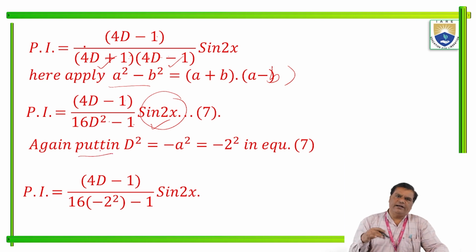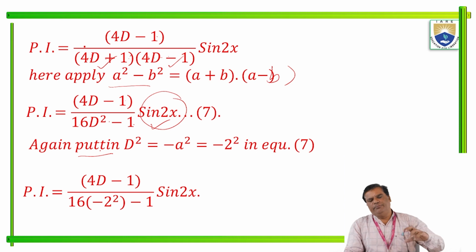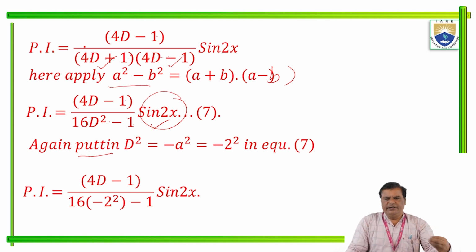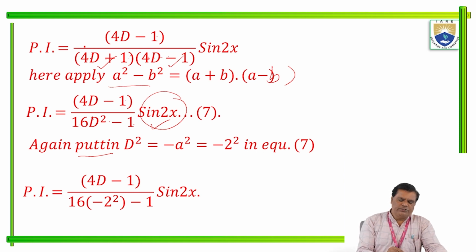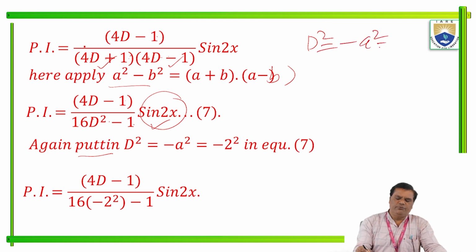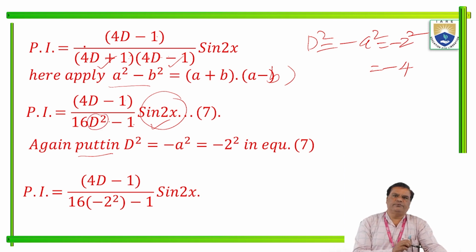Again, I have already proved that in the denominator, when we get D square, we put D square equal to minus a square. D square equals minus a square equals minus 2 square, meaning minus 4. So we put minus 4 for D square in the denominator only, not the numerator.